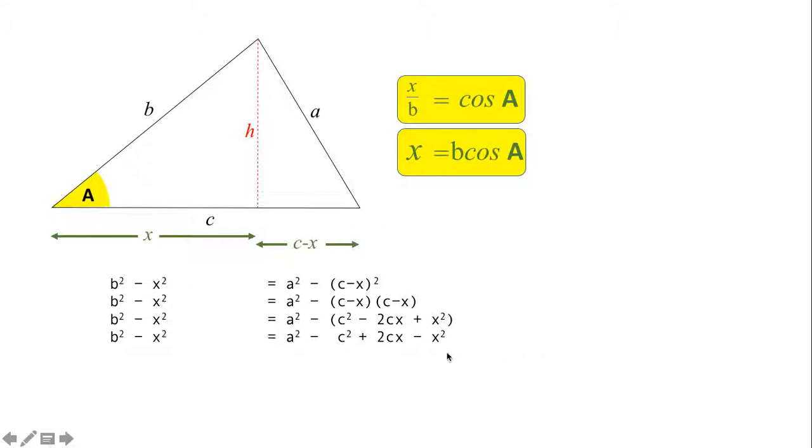Well, I've got a minus x squared on both sides, so I can add x squared to both sides and get rid of that. Then I can add c squared to both sides to get b squared plus c squared equals a squared plus 2cx. The point of this is that I'm aiming to get towards the cosine rule.